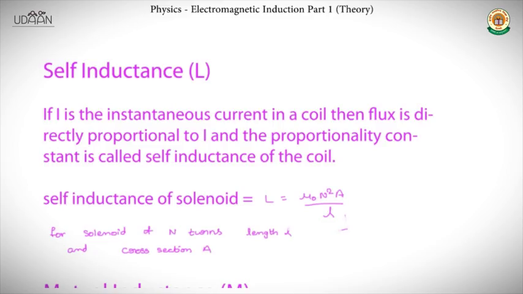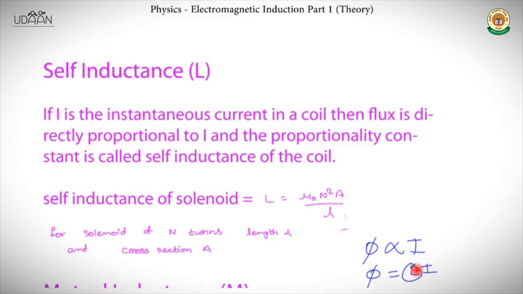Let's now move on to self-inductance, that is L. If I is the instantaneous current in the coil and the flux linked with the coil is phi, this phi is directly proportional to I, so phi is given by some constant into I, and this proportionality constant is called self-inductance.